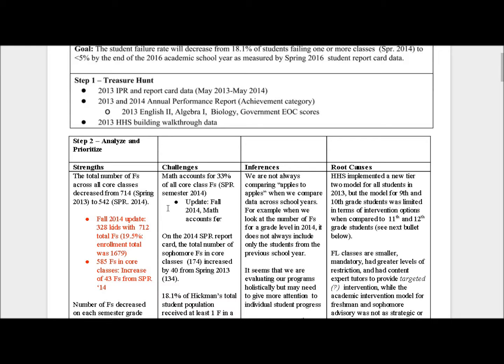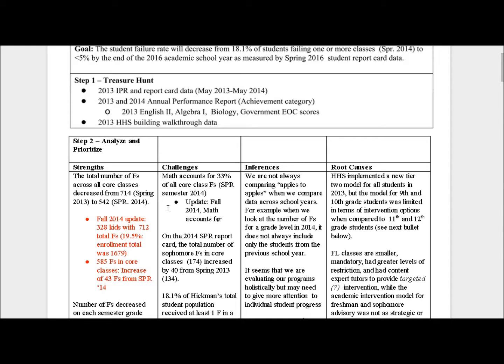So step one is the treasure hunt. Some of the data that we looked at was quite a bit, but the most important and pertinent data are these 3 bullet points listed on the screen. The 2013 IPR and report card data, and the 2013 and 14 annual performance report, the achievement gap category more specifically, and that is really talking about MSIP 5.